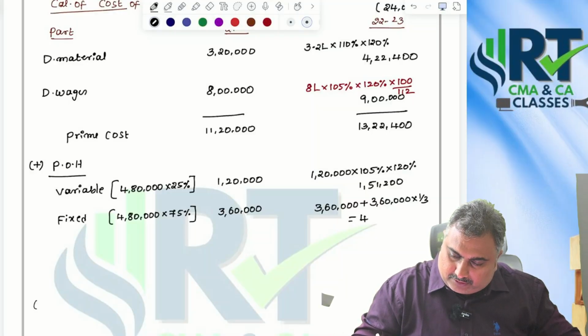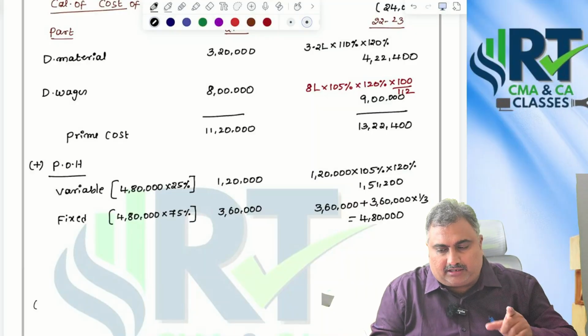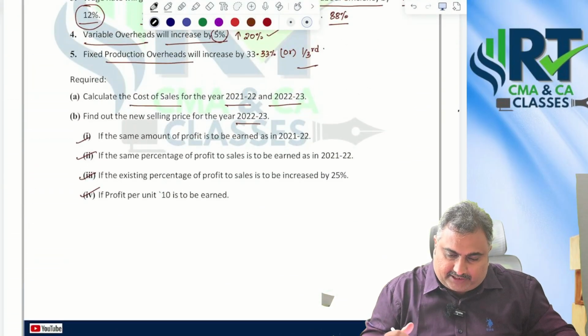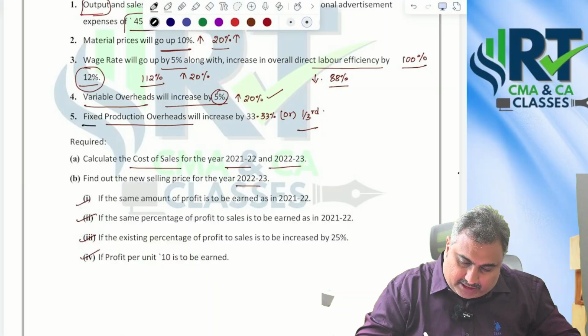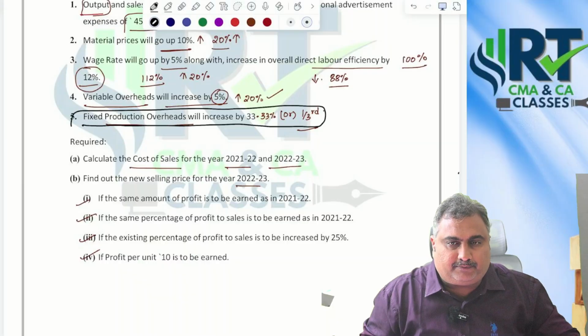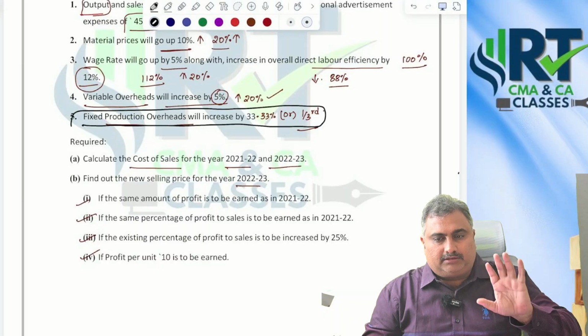That is equal to 4,80,000, which will be your fixed production overheads. If you have study materials, you can check it. Or those who don't have study material, see here: it clearly indicates fixed production overheads increased by 33.33%, or you may go with one third itself.